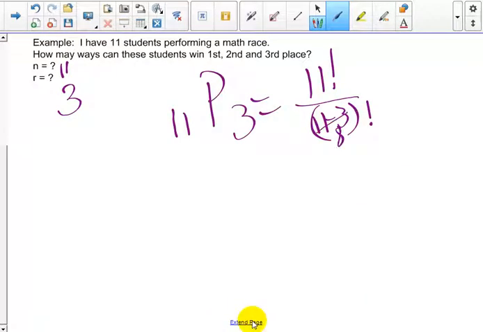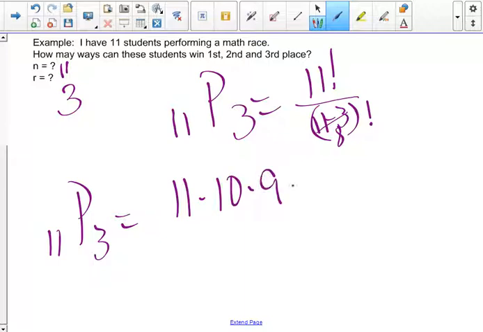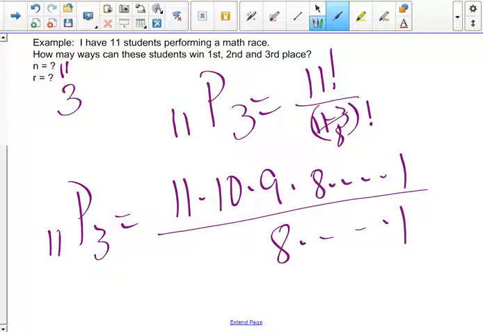So you get 11P3 equals 11 times 10 times 9 times 8 all the way to 1 over 8 all the way to 1. And that 8, 7, 6, 5, 4, 3, 2, 1 cancels out, and I'm left with 11 times 10 times 9.